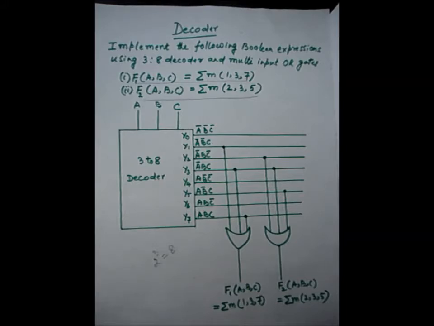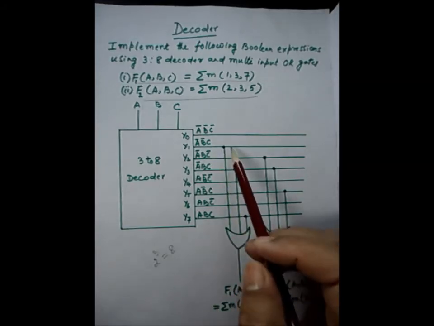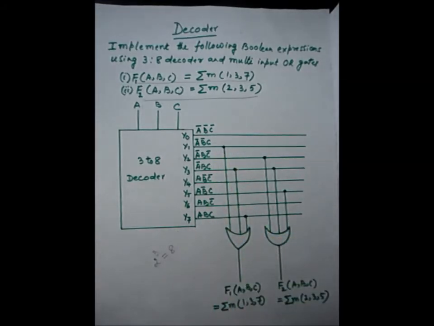If this Boolean expression is asked to be implemented by the IC, in that case we have to complement each of the outputs. That is very easy to do if we use the IC. Because the IC is complementing, we have to further complement to get it in the original form. Nothing more to do, only the complement of it, because the IC is complementing each of the outputs. That I wanted to mention here.